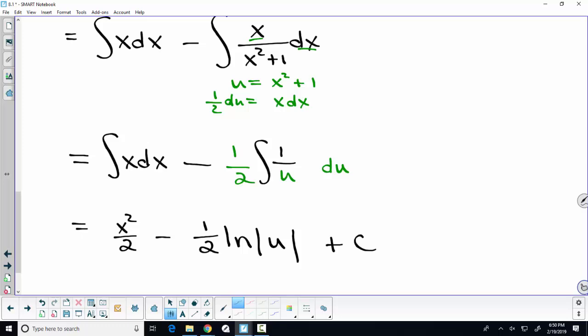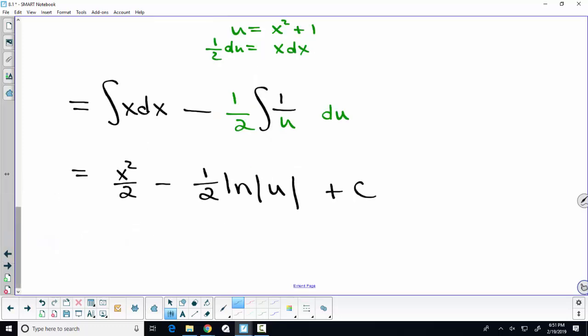And honestly, if we break it up, we're going to have two constants of integration that we can combine into a single constant. And then we resubstitute u equals x squared plus 1. We have x squared over 2 minus 1/2 ln of the absolute value of x squared plus 1, plus c.